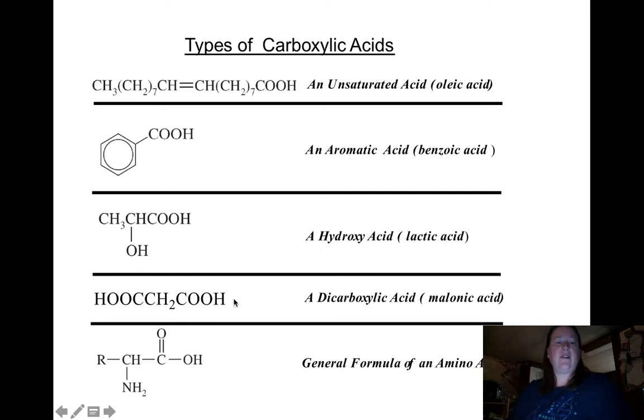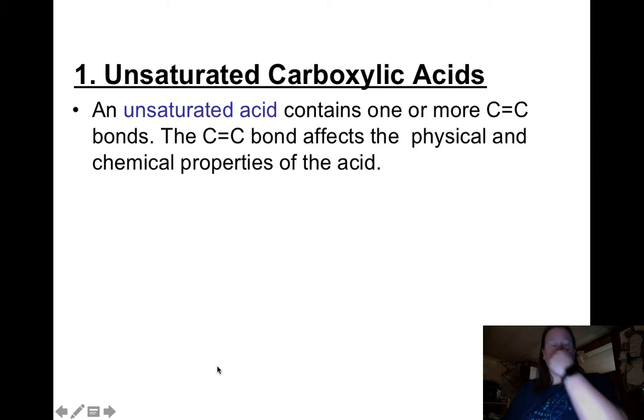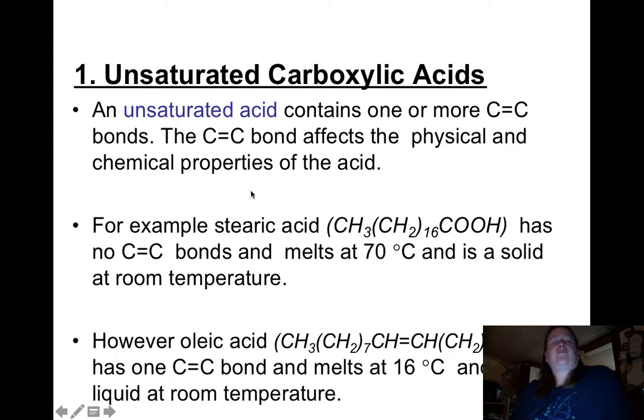Dicarboxylic acids we briefly talked about before as well, and a precursor of some things to come, we have amino acids, which we're going to focus on greatly when we start talking about proteins. So unsaturated acids, again, are commonly referred to when we're talking about fatty acids, and this is one example.